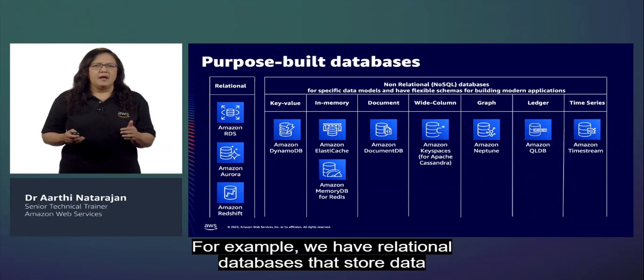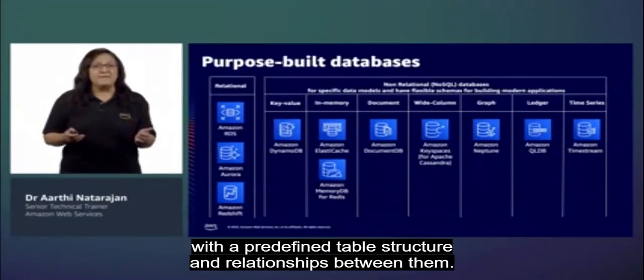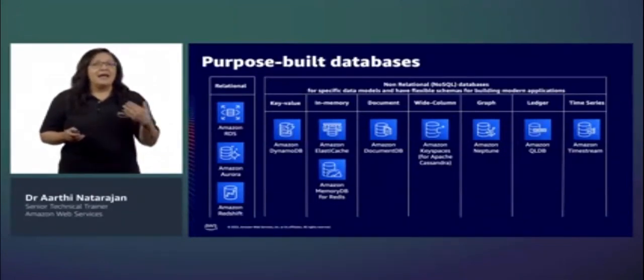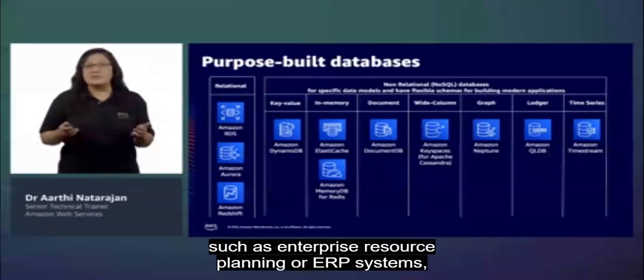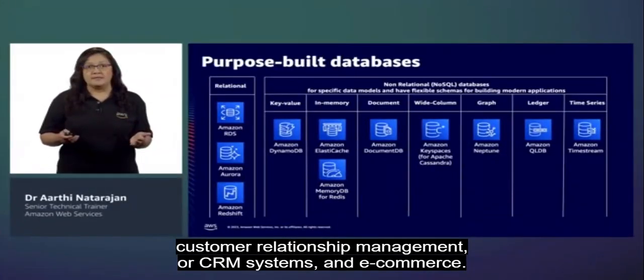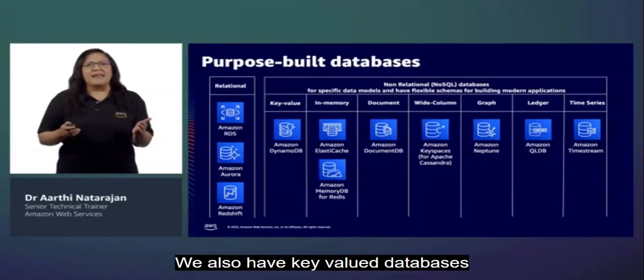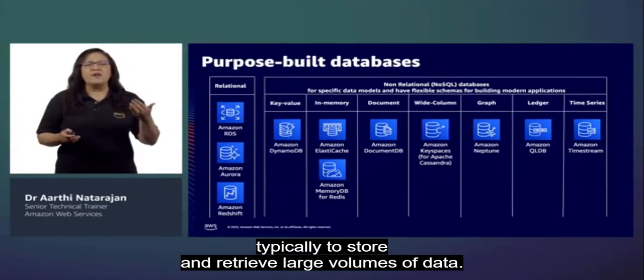For example, we have relational databases that store data with a predefined table structure and relationships between them. They're used for traditional applications such as enterprise resource planning or ERP systems, customer relationship management or CRM systems, and e-commerce. We also have key value databases that are optimized for common access patterns, typically to store and retrieve large volumes of data.